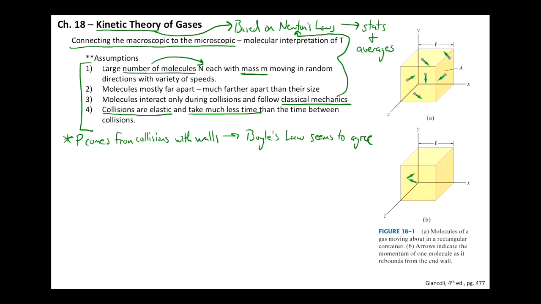Here's the way we're going to start. We're going to use this volume over here on the right. We're going to use a cubic container just to make life easy for ourselves. Okay? So let's pretend that we have a cubic container of gas.